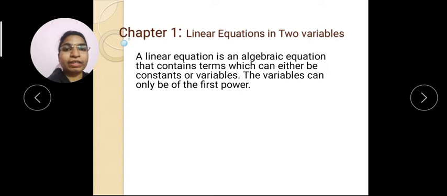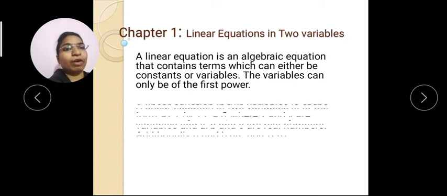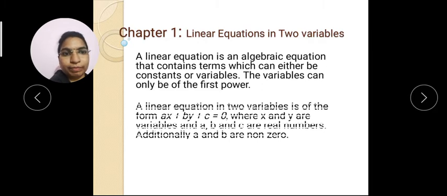We can call it a binomial. Having how many variables? Obviously two variables. But in this lesson we have to learn about the linear equation in two variables. So equation means having some equality value. So the general form of linear equation in two variables.